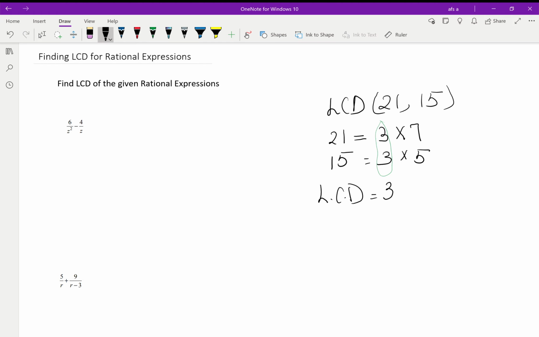In this case, there are no powers shown, which means the power on both of the threes is equal, same as 1, so we get to keep it once. And then we get to keep our 5, and we also have to keep our 7. At this point, when we have all the prime factors for our denominator, we will simply go ahead and multiply, giving us an answer of 105.